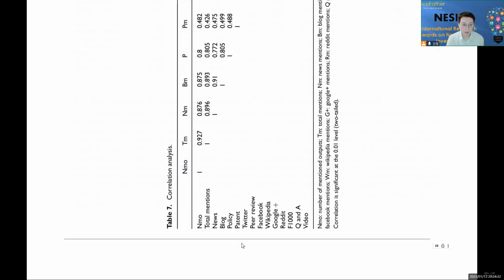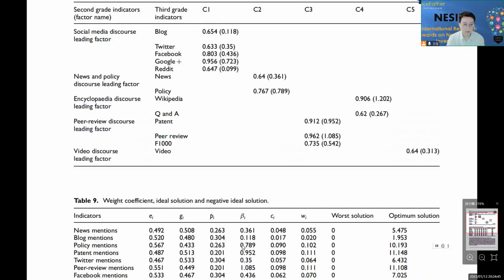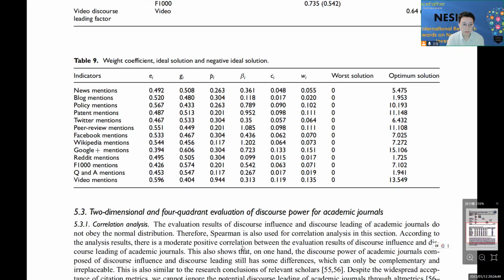Table 7 is correlation analysis. Table 8 is factor loadings, rotated component matrix, and component score coefficient. Table 9 is the weight coefficient, ideal solution, and negative ideal solution.